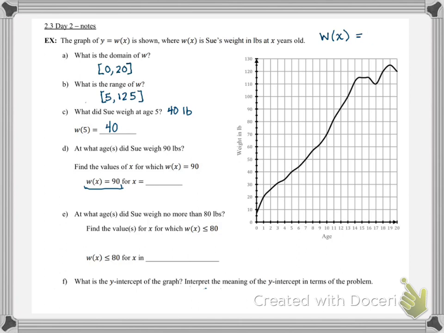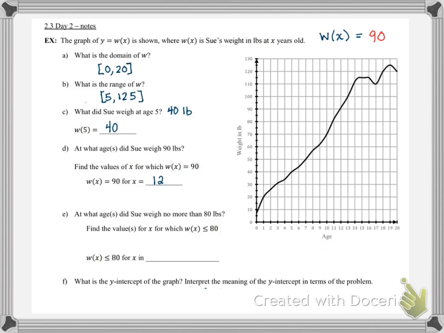So if they give you this number on the right side, they gave you what y is, and they're asking for x, as opposed to the previous problem where they gave you what was in parentheses, that's your x value, and they asked you for what it's equal to, which is your y value. So at what ages did she weigh 90 pounds? 12. Good. So our output, or our y value, is 90 for an x value of 12.